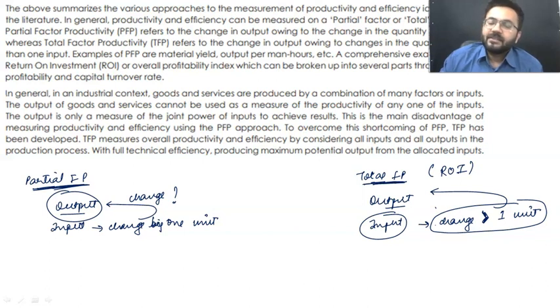Using this factor production, we understood how much change is going to be there if we add one more unit of input, and how much change if we add more than one unit of input. Now there is one more disadvantage when it comes to total factor production or partial factor production.